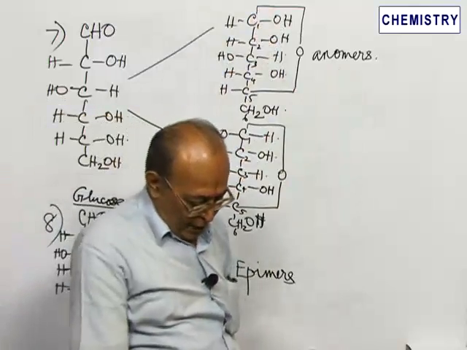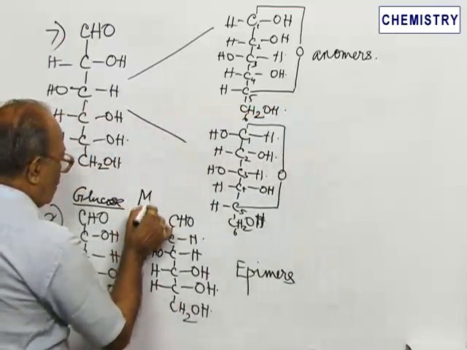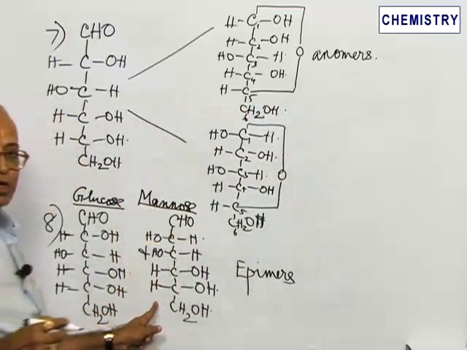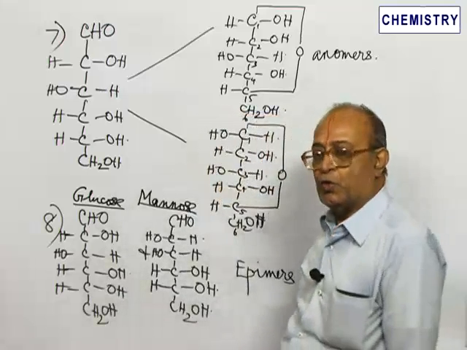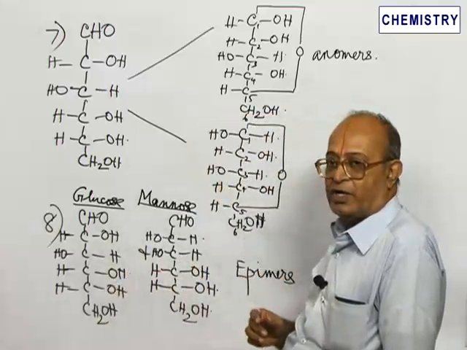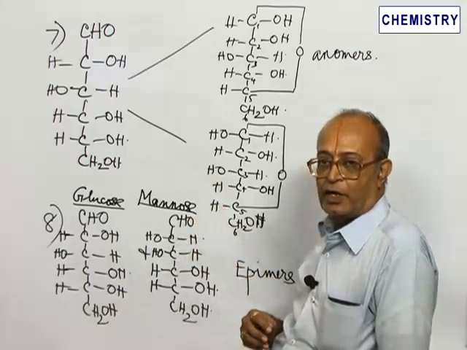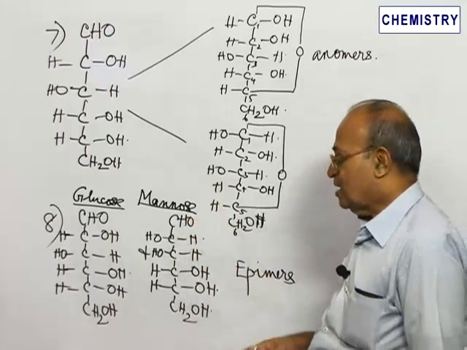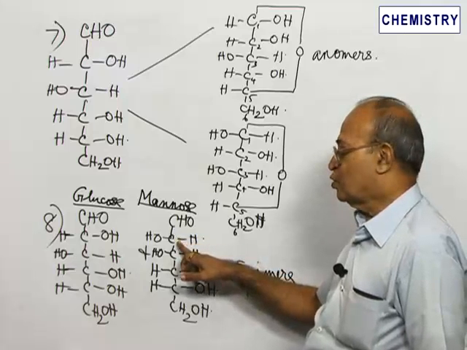But if you consider these two molecules, one is glucose and the second one is mannose. We consider two aldohexoses. Both of them are aldohexoses containing 6 carbons and one aldehyde group.